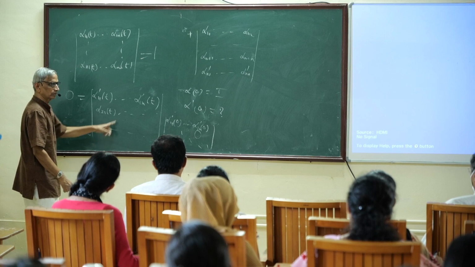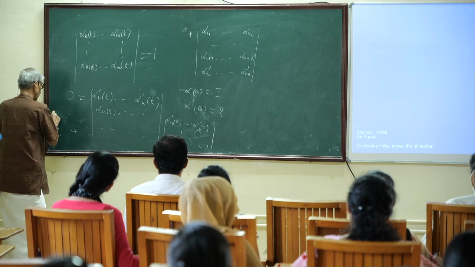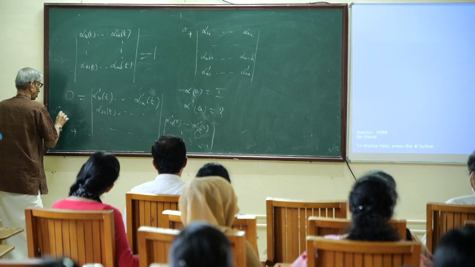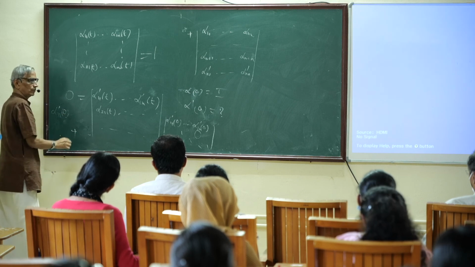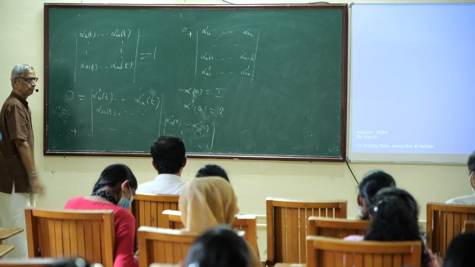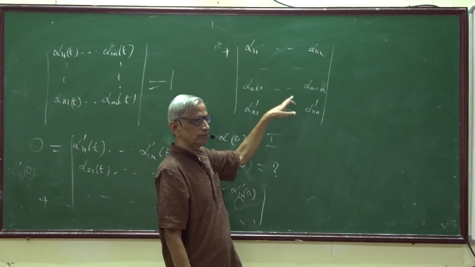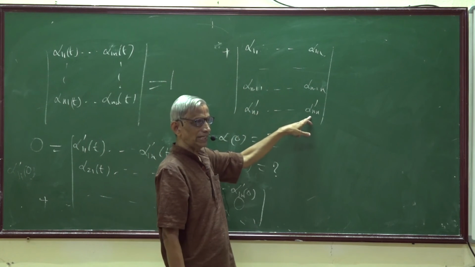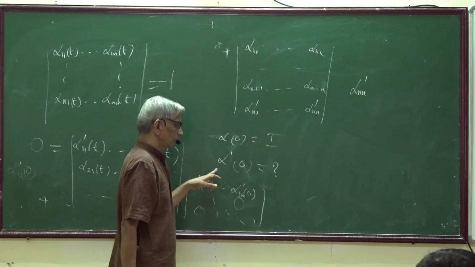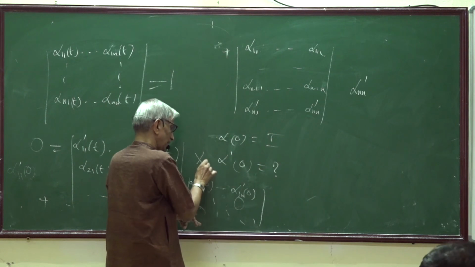So this first term is just going to give you only alpha 1 1 prime 0, and in the same way, the last gives alpha nn prime 0. So this is a tangent vector, this is your x, right?